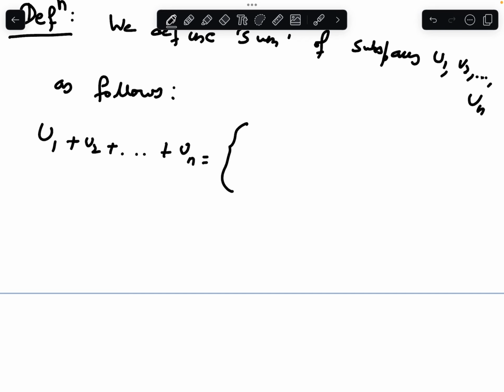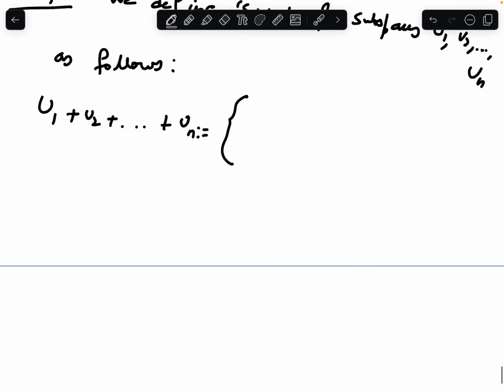So this looks complicated, doesn't it? But it's really easy.